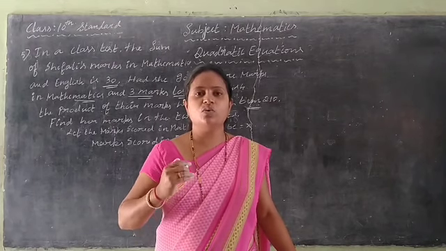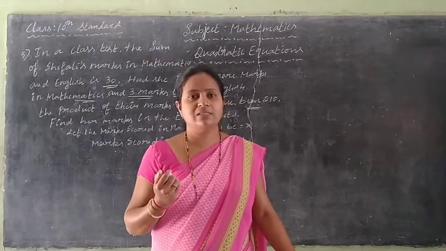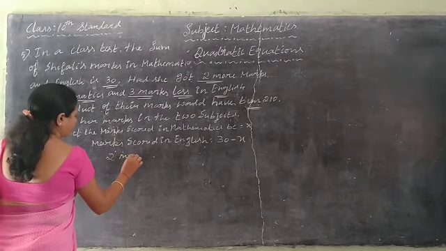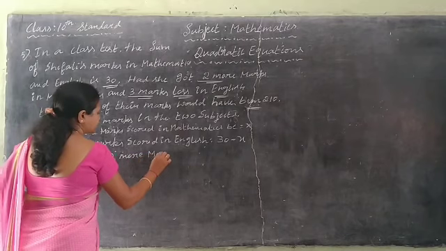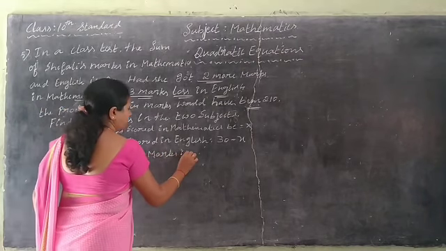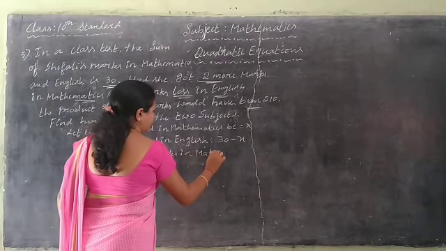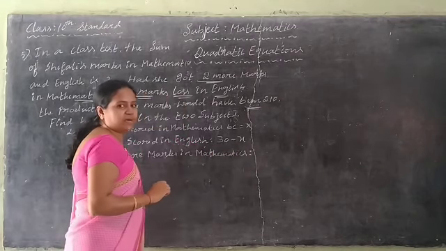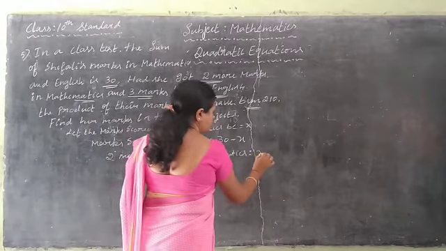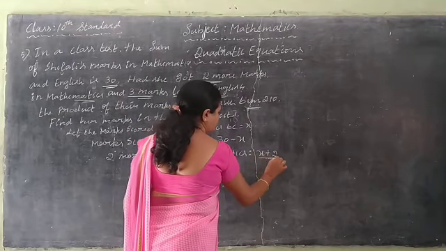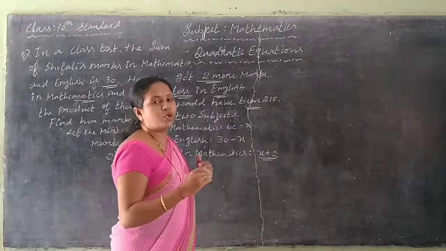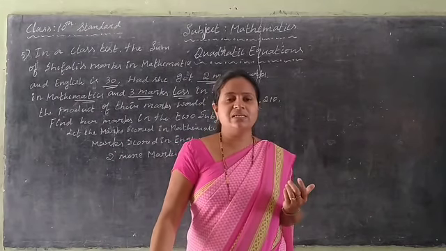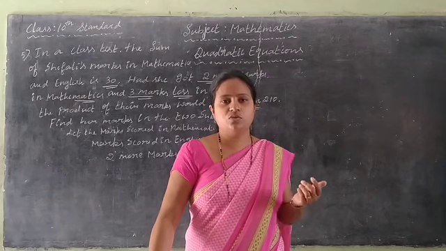And then it is telling she has scored 2 more marks in mathematics, so it will be x plus 2, children, because she has scored 2 more marks in mathematics. Mathematics marks we have considered as x. 2 more means plus 2. Right.